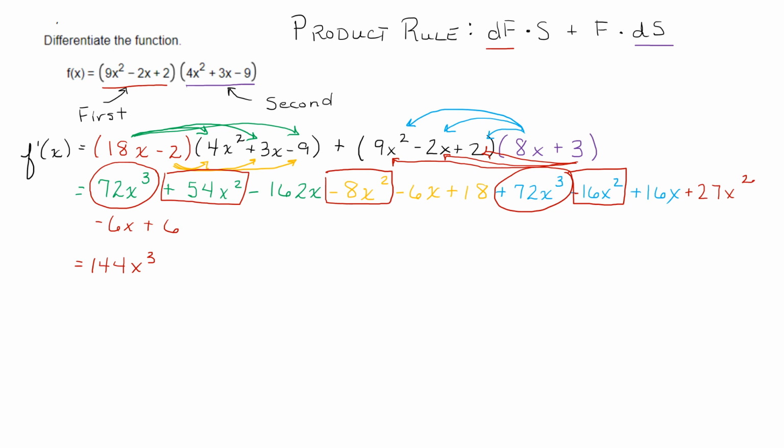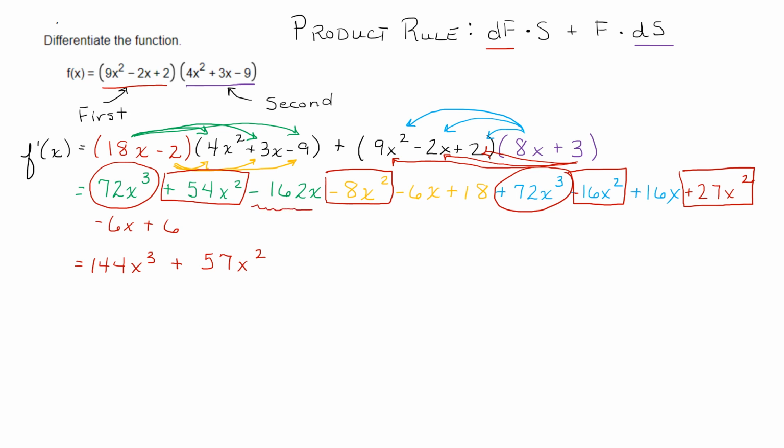We have a plus 27x squared. And that will give us a plus 57x squared.